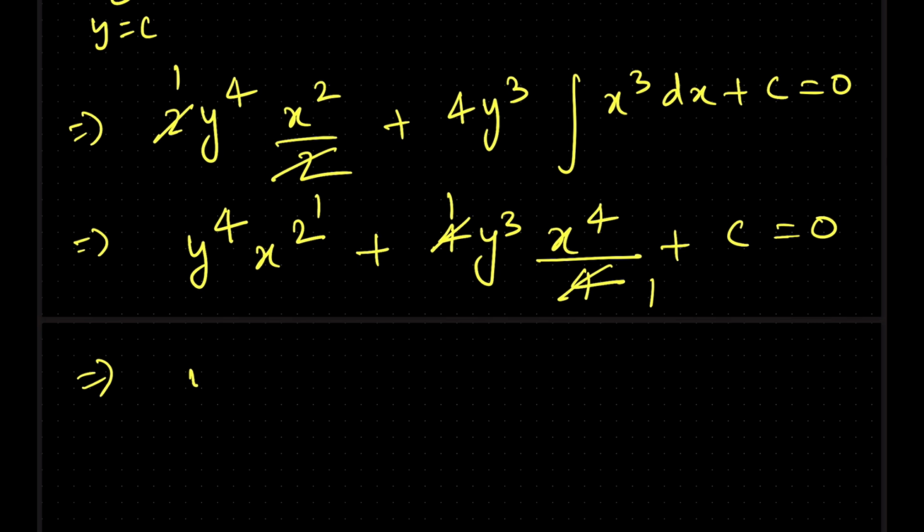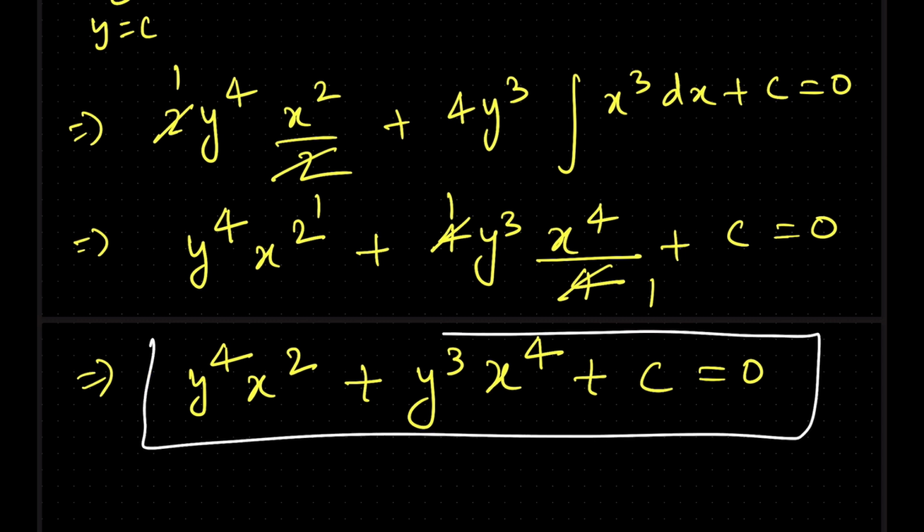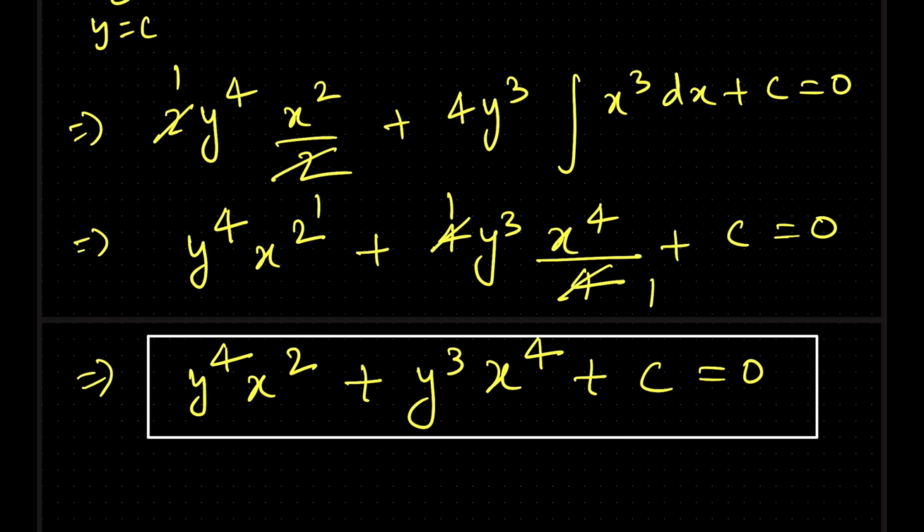So this 4 will again get cancelled with this 4. So finally you got y to the power of 4 x to the power of 2 plus y cube x to the power of 4 plus c equal to 0. So this is your final answer. So I hope that you have understood this topic and you have enjoyed this session.